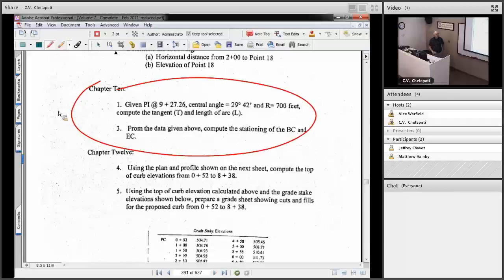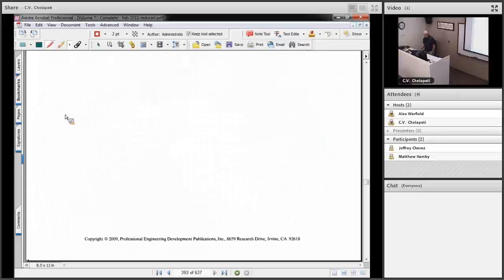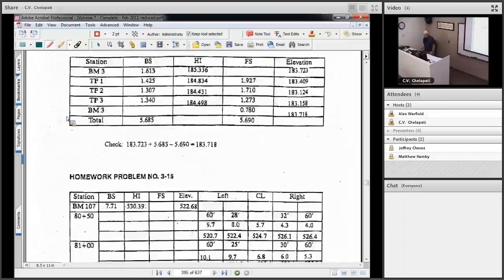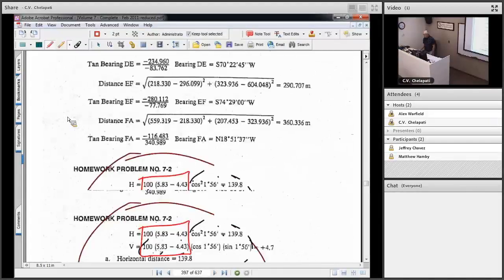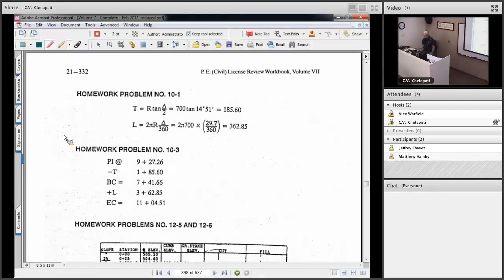So we're given the PI at a station at the PI, a central angle and a radius. Compute the tangent and length of arc. Okay, the tangent and length of arc. So that's shown. Remember, any two parts that are given for a horizontal curve, we can solve for the rest. So the solutions are shown in your book there at the top of page 332.